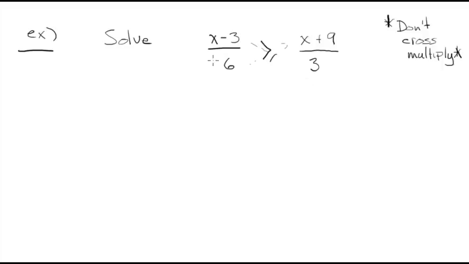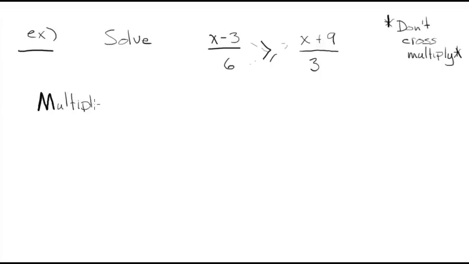So what are you going to do? Well, you still don't like these denominators. So what you can do is multiply by a value which will get rid of the denominators. You may or may not have seen this when you solve equations like this.